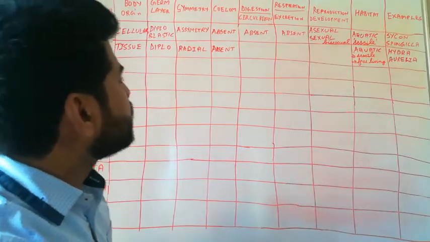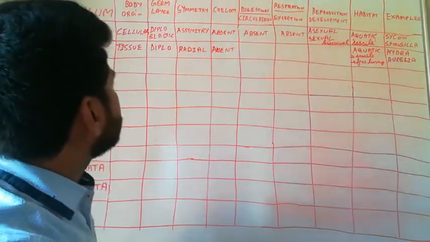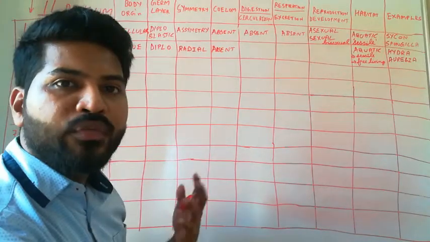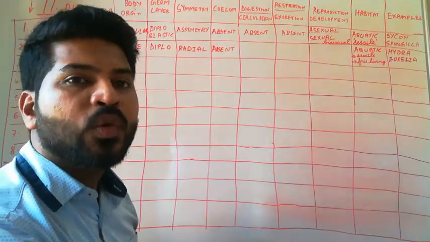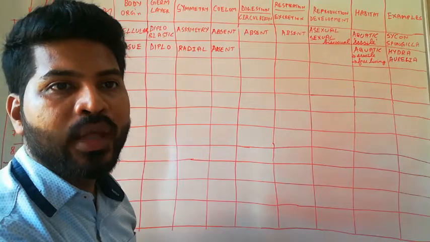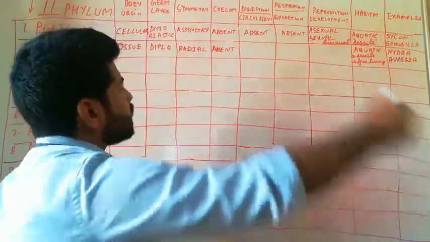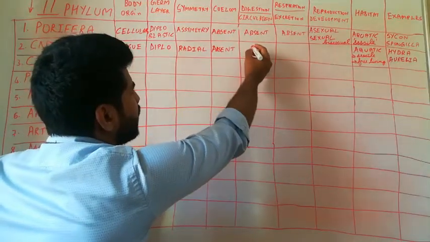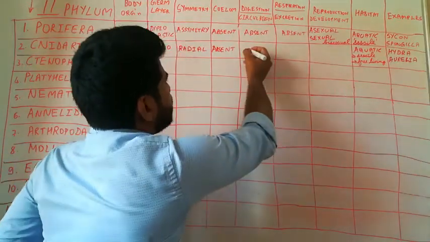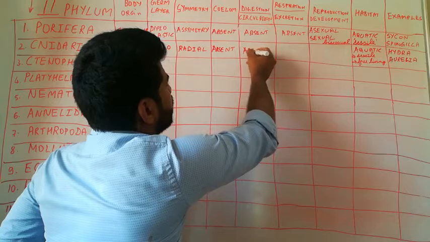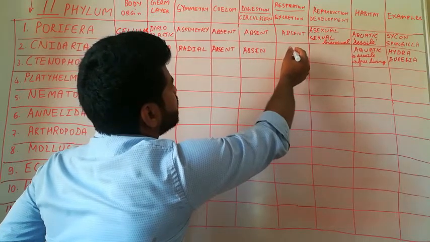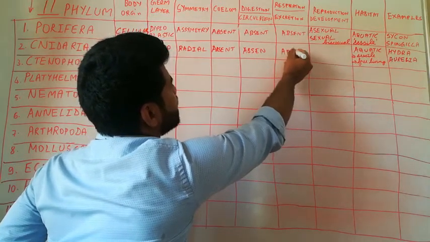The cells of cnidoblast will also help in capturing the food and also in digestion. So the coelenteron cavity will help in digestion, respiration, as well as in excretion.